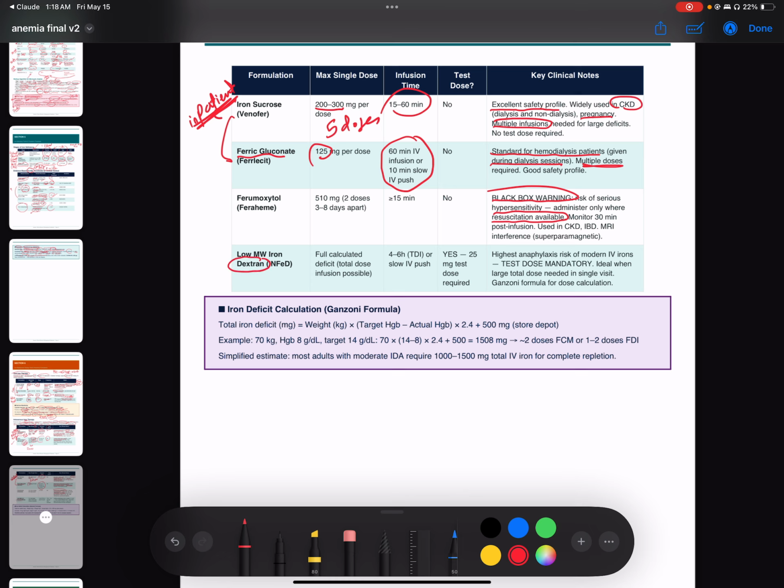It used to be high molecular weight, and the high molecular weight can cause anaphylaxis. But nowadays, we don't use the high molecular weight anymore. If we use dextran because it's usually cheaper, we can use the low molecular weight. Even with low molecular weight, you need to do a test dose because there is still some anaphylaxis risk. Yes, it's less than the high molecular weight, but it's still higher than the other forms of IV iron.